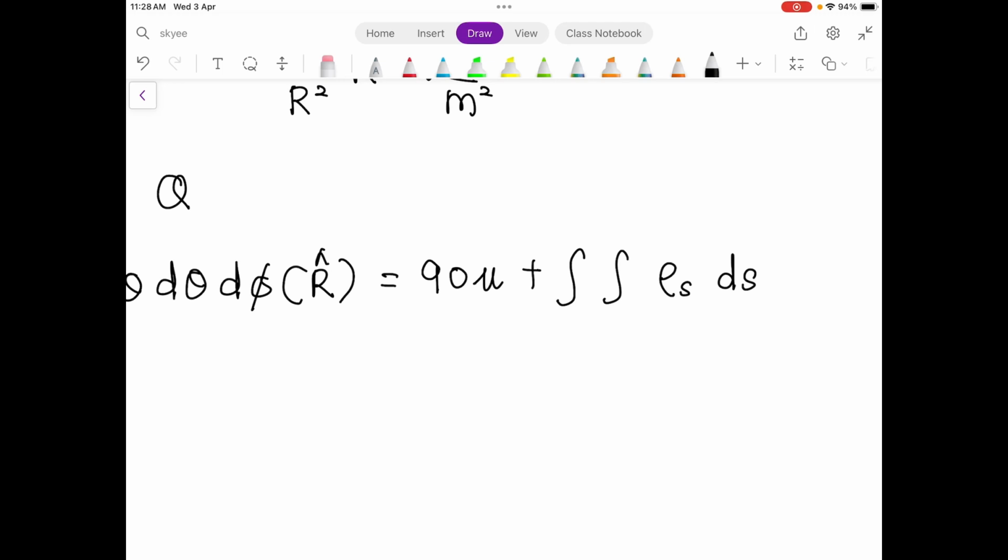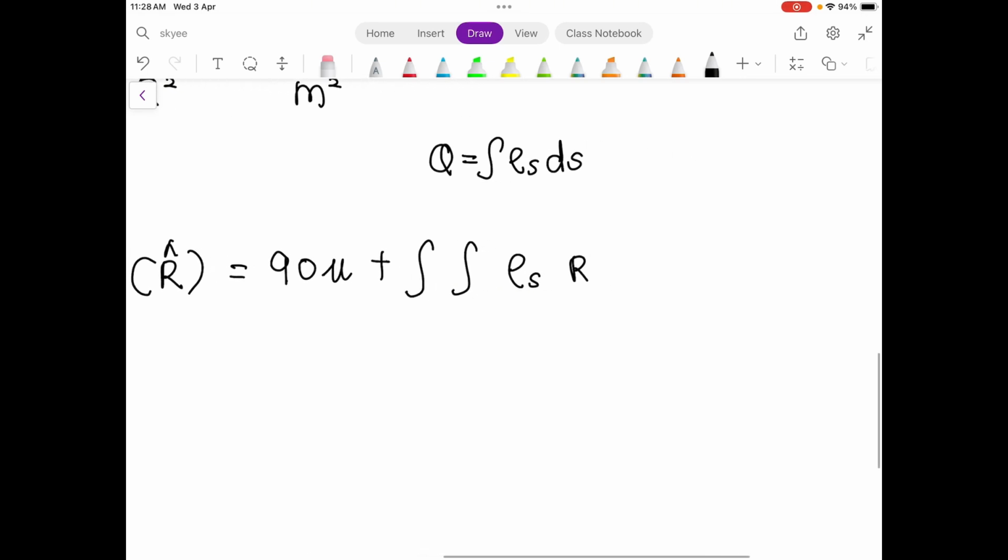Because Q equals the integral of rho dx. For the dx here, you are going to select one coordinate system. You will be selecting the spherical coordinate.